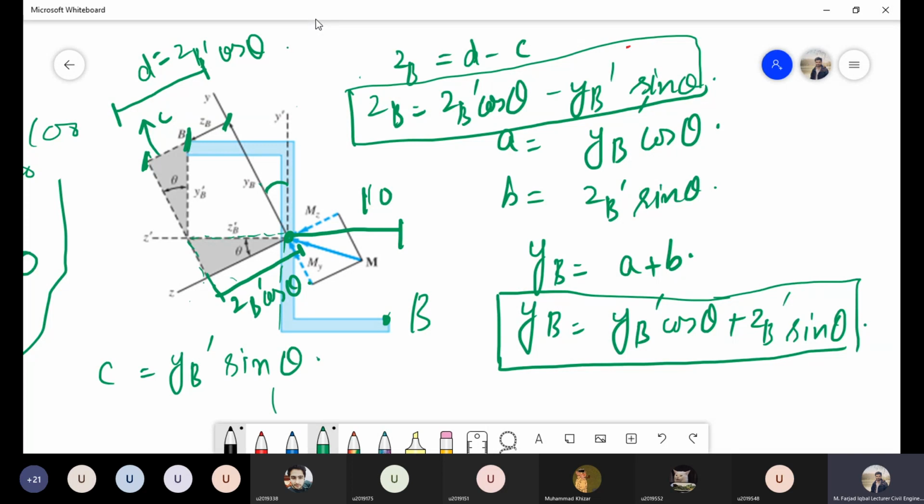And similarly for the angle theta, the angle from the original vertical axis to the inclined principal axis is in the counterclockwise direction. Now, for example, let's suppose your principal axis comes out to be this one. Now, in this case, your angle between y dash and y is clockwise. If this is the case, then you have to substitute the negative sign with the angle as well into this equation.